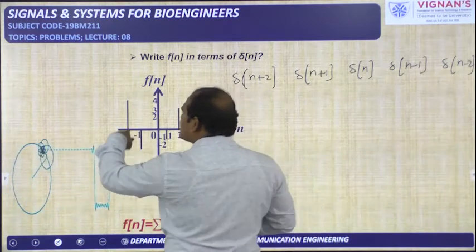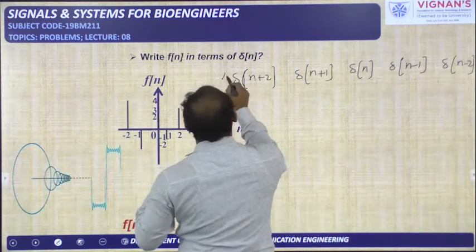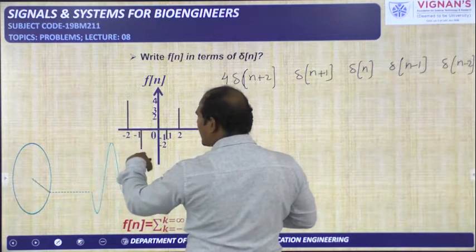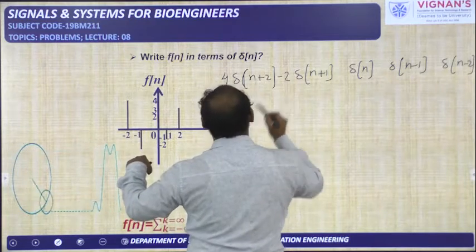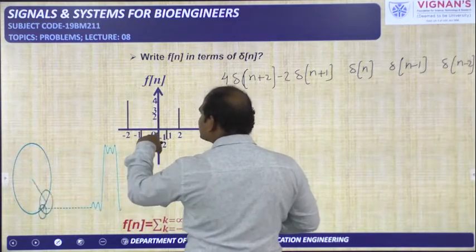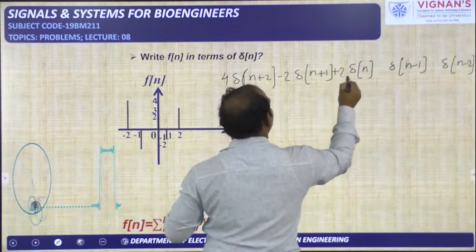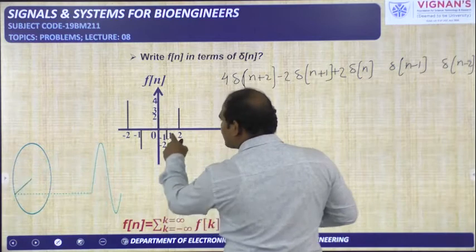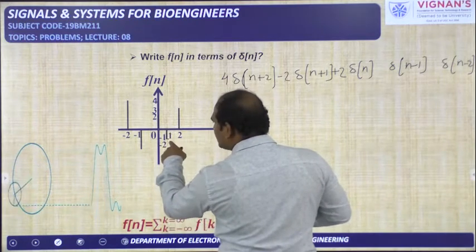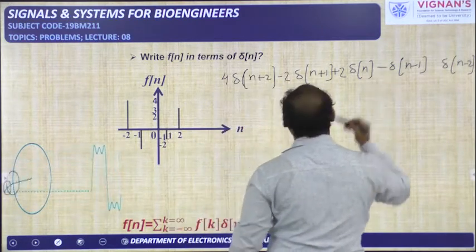But this first sample has the amplitude 4, so you take here 4. The second sample has the amplitude -2, so you take here -2. The next sample, which is at n is equal to 0, has the amplitude 2, so you take here +2. The next sample is available at n is equal to 1 with amplitude -1, so you take here minus.